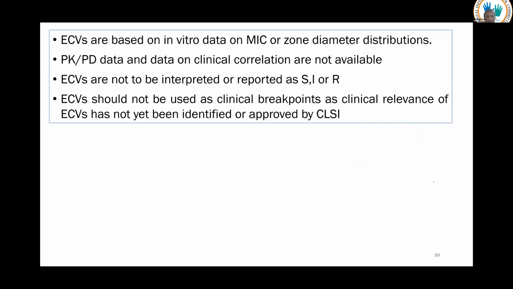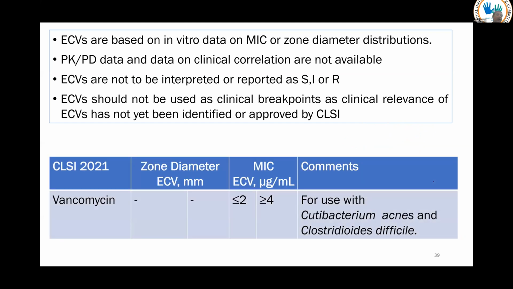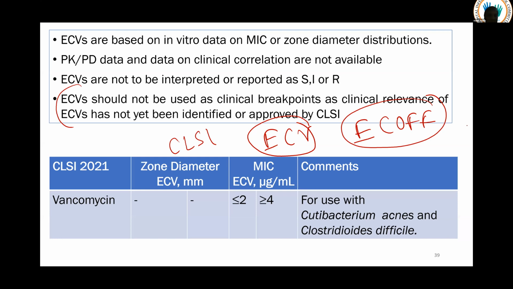So now colistin for Enterobacteriaceae is no more an ECV breakpoint. Now, as far as CLSI 2021 is concerned, ECV and ECOFF, both expansions are the same. ECV means epidemiological cutoff value. ECOFF also means epidemiological cutoff value. The only thing is ECV is an abbreviation used by CLSI, and ECOFF is an abbreviation used by EUCAST. Otherwise, the expansion of these abbreviations is the same, that is epidemiological cutoff value.